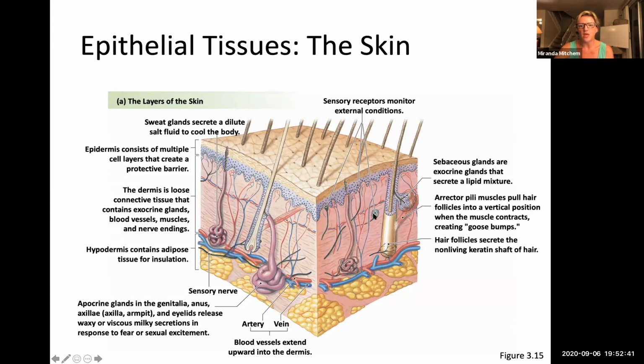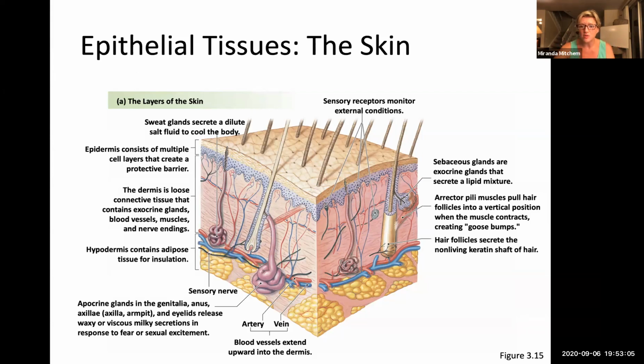In the dermis, we have a number of sensory receptors, which are critical in the healthy functioning of the human body. For example, what would happen if I took my finger and put it on a hot stove? Say this is the stove and it's super hot and I touch it for whatever dumb reason. What's going to happen? I'm not going to just leave my finger on that hot surface. Why not?